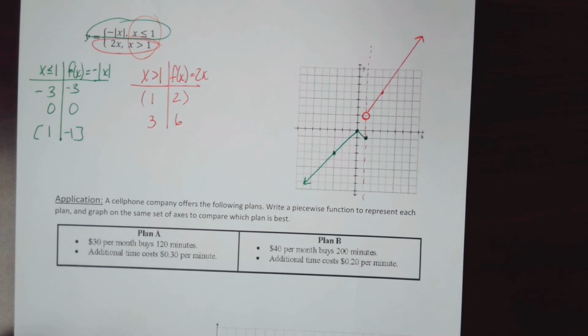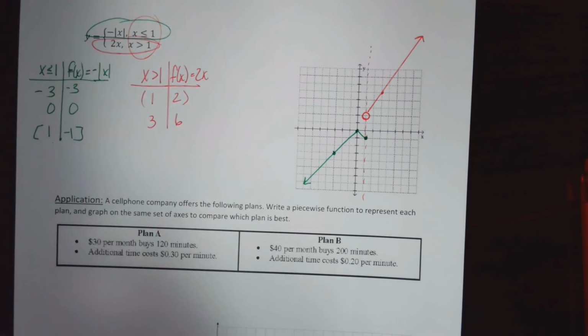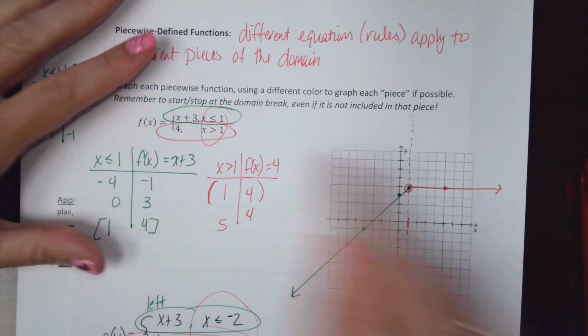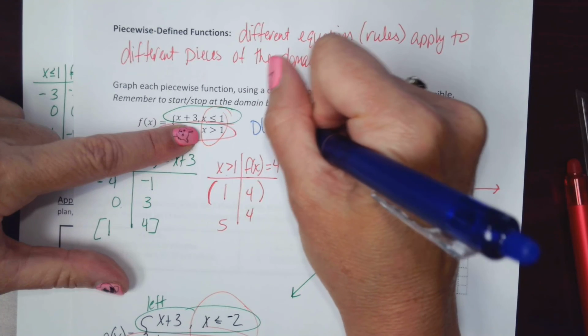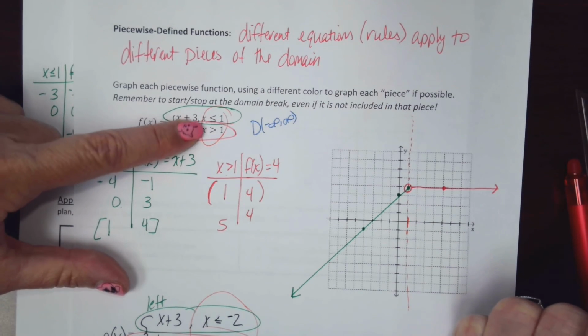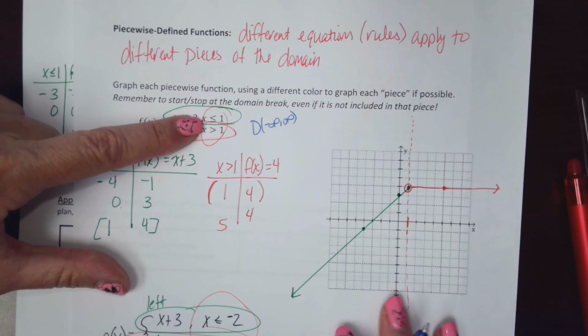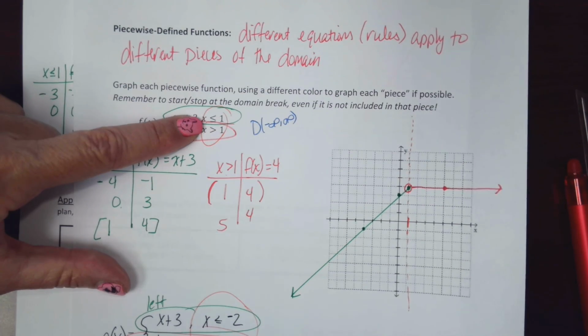Excellent. Now, I want to point out to you that for all 3 of these piecewise defined functions, even though my domain split, everything was included. So even though my domain broke here, my domain is still all real numbers, because that point at x equals 1 is included.